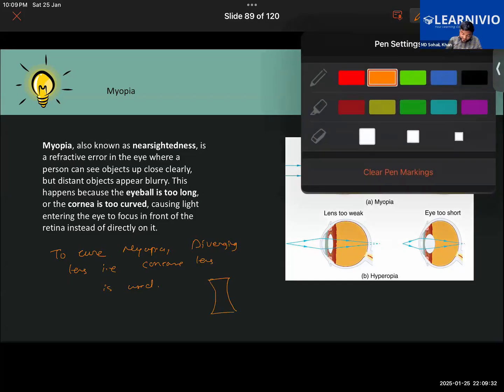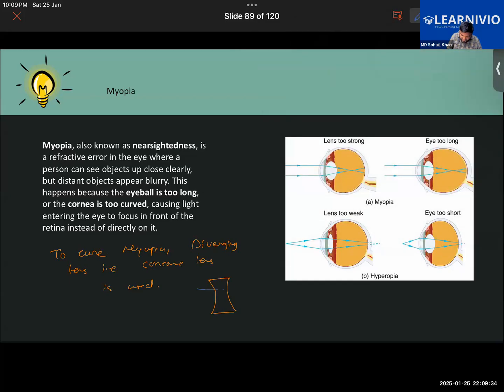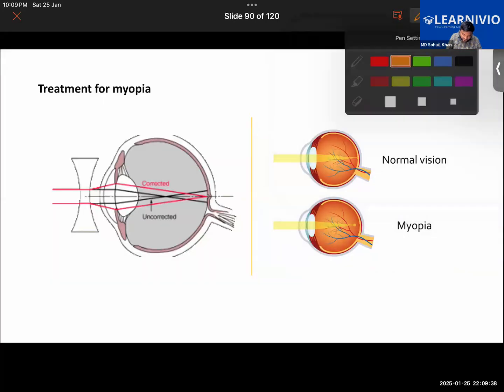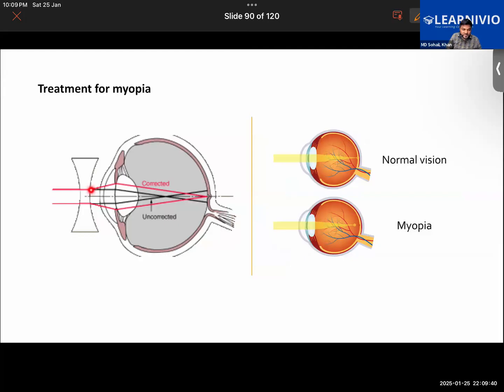Now, as the rays of light pass through this, they will diverge a little bit. Take a look at this diagram, how the rays of light, after being made to pass through this concave lens, have got diverged. Take a look at the pink rays of light, and then it is correctly focused onto the retina. Got it, everyone? So keep this in mind.